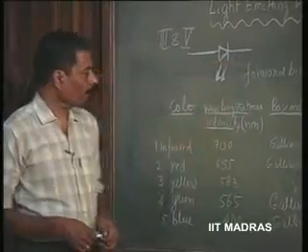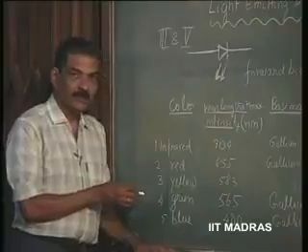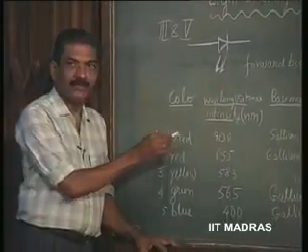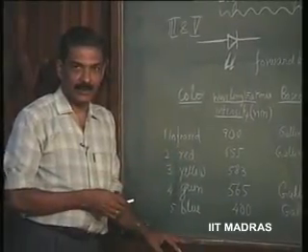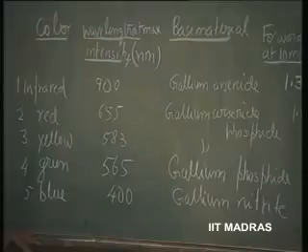Okay. So the color, for example, infrared, not visible. This is very useful for defense applications. There is light, but it is not visible to the human eye. So this is commonly used for military applications.